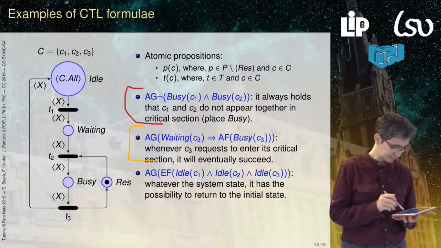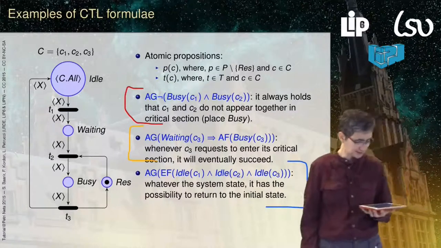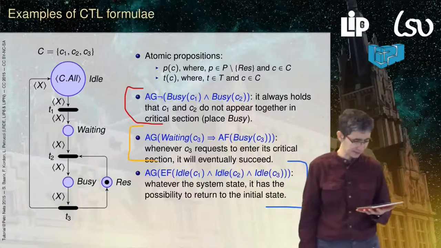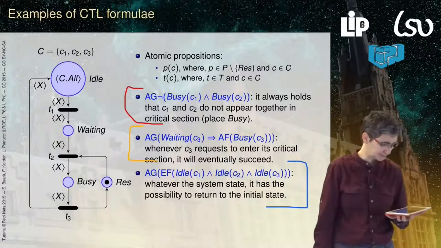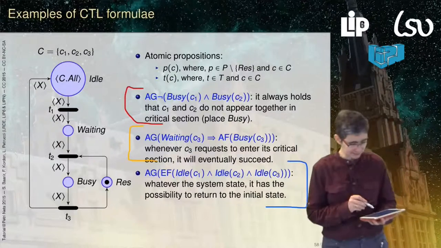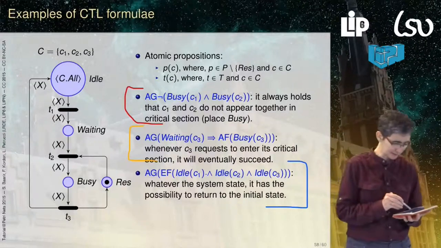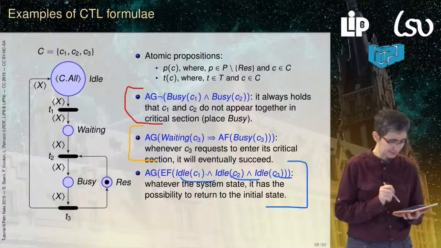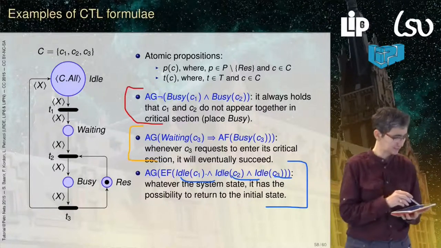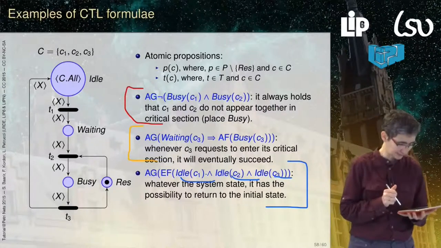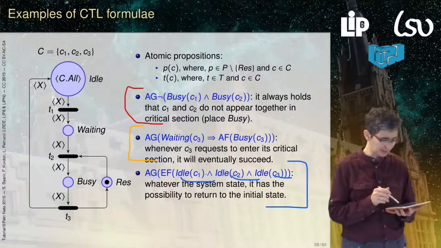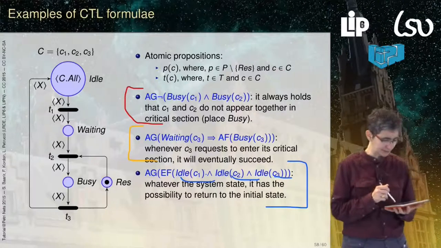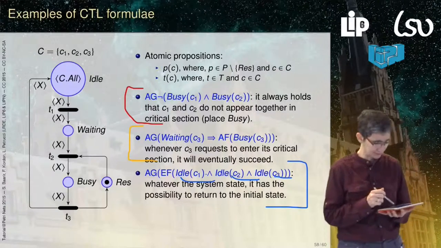And finally, the last one here, AG EF of idle of C1 and idle of C2 and idle of C3, states that if you have C1 and C2 and C3 in idle, as in the initial state, you always have the possibility to return to the initial state.